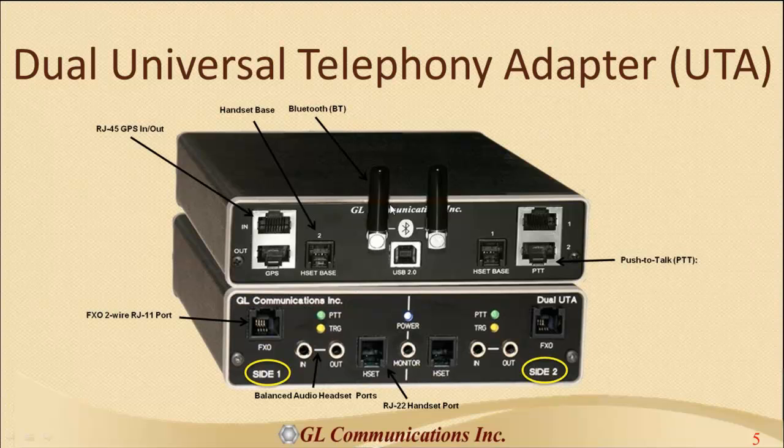The GPS is also used for timing. Very accurate timing for one-way delay. If you're trying to do one-way delay between two different locations, this will give you accurate timing. GPS is needed at both ends.